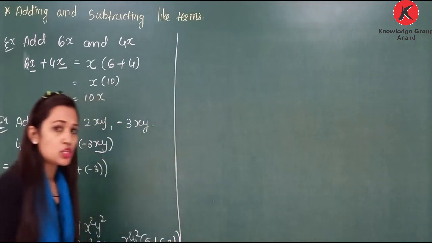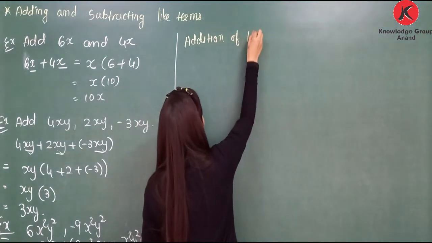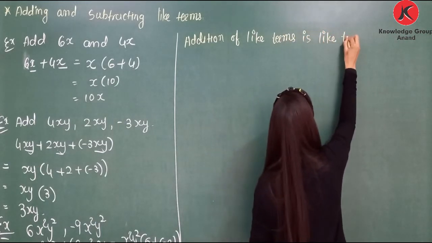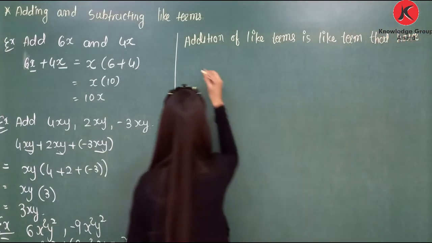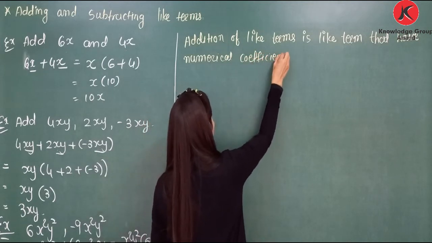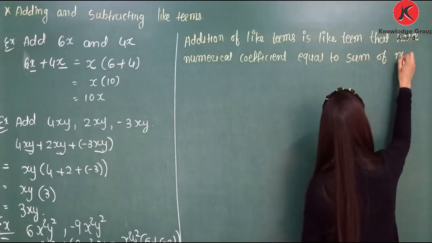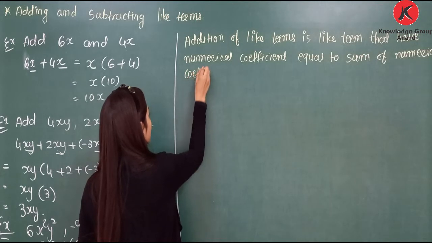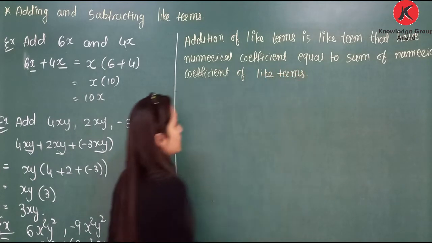It means the addition of like terms is a like term that has numerical coefficient equal to the sum of the numerical coefficients of like terms.